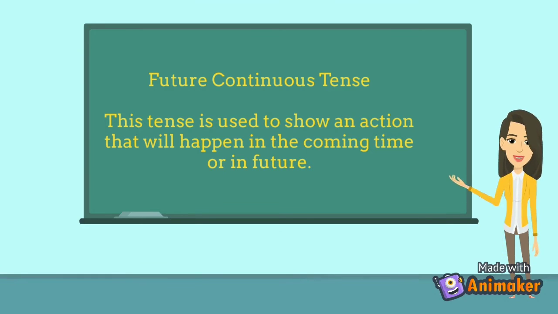Any moment that will come after this time will be the future. And we use future continuous tense to show an action that will be taking place in the future and will continue during that time, that will be in progress.